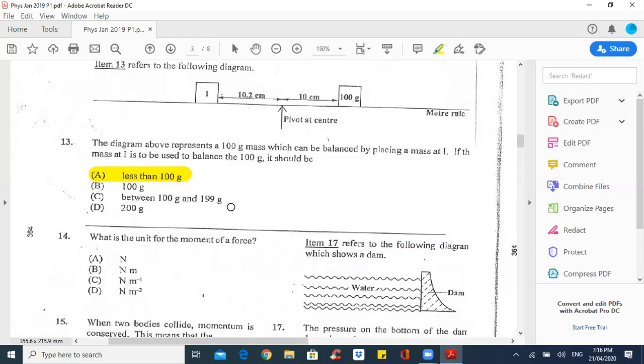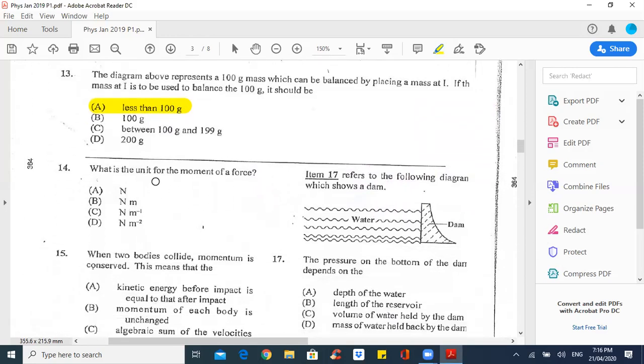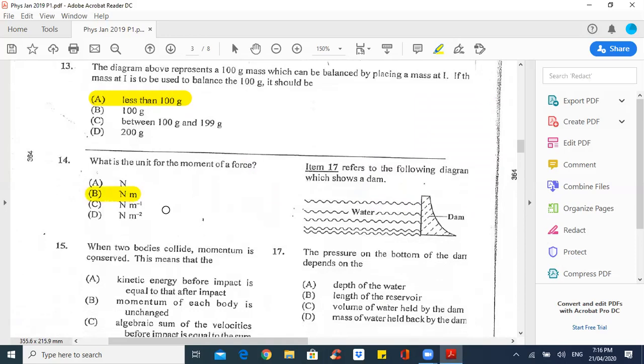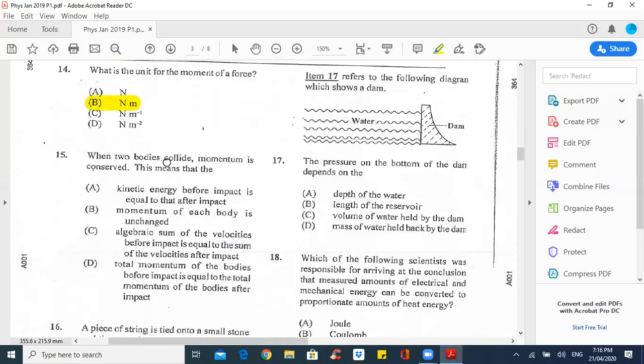Good? So number 14. What is the unit for the moment of force? Newton meter, which is force by distance, so Newton meter. Number 15. When two bodies collide, momentum is constant.